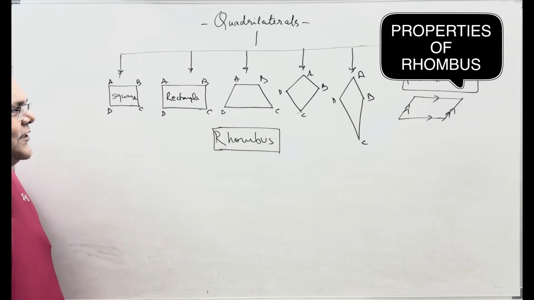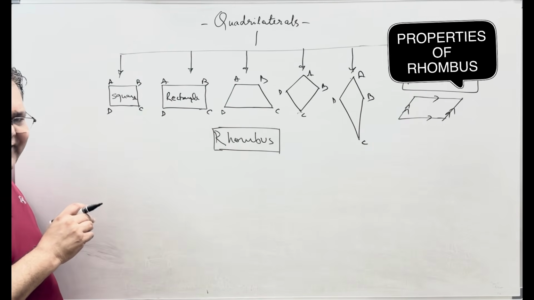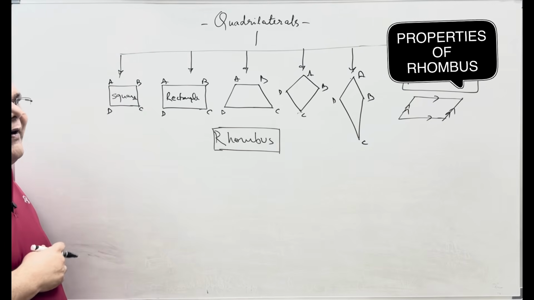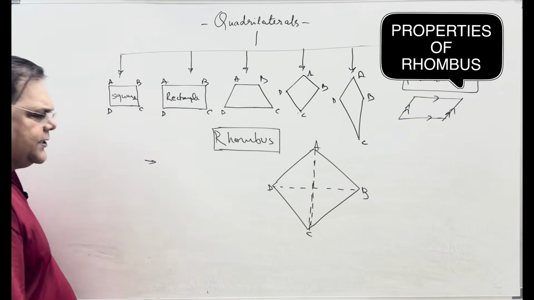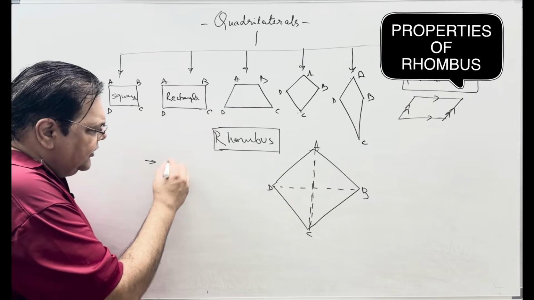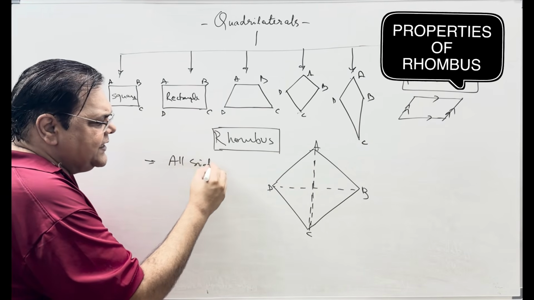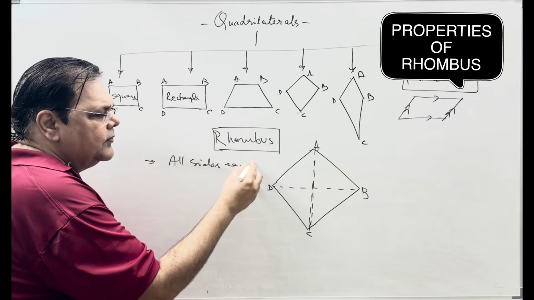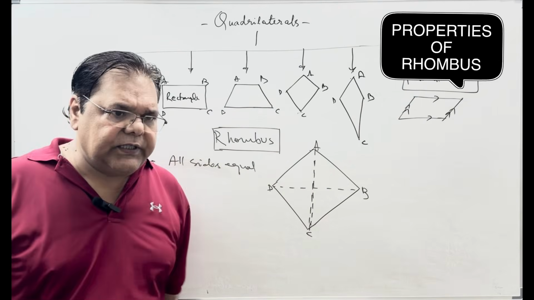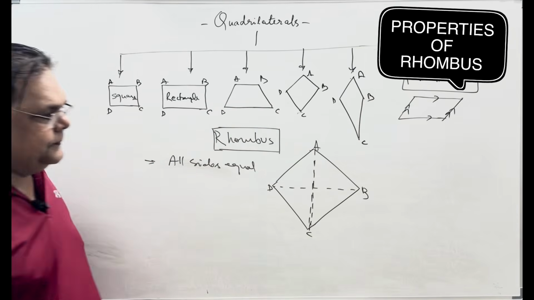Rhombus. We discussed some properties of a rectangle, a square, and a parallelogram. A rhombus is a quadrilateral with all sides equal. All the sides of a rhombus are equal.